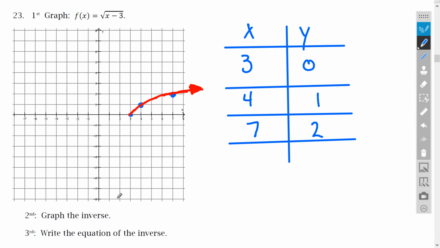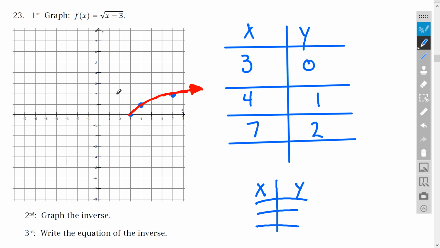So the inverse would have me reverse the x and y's. Because remember, when you do the inverse function, it should bring you back. Remember, the inverse function is reflected across the line y equals x.